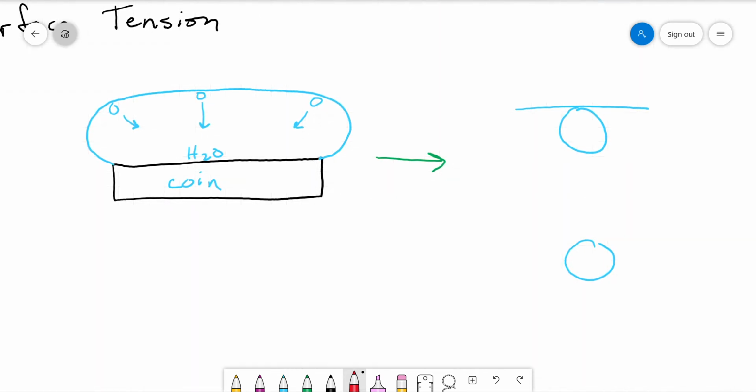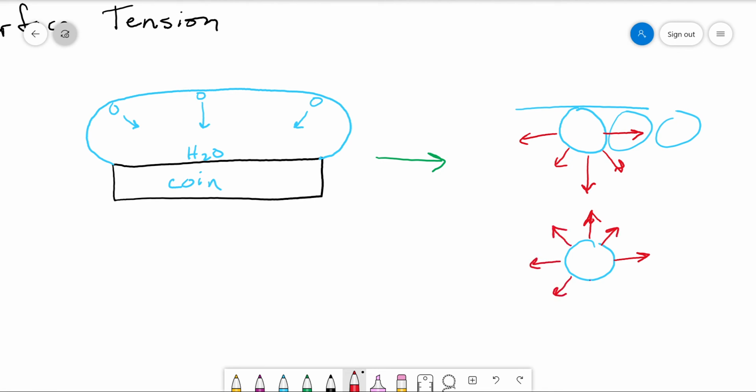So what's happening at the surface? Well, this water molecule is being pulled by its neighbors, and again, there's water molecules all along in here, okay? This water molecule is being attracted this way, and this way, as well as pretty much every direction. This water molecule here down in the middle is being attracted in every single direction you can think of.